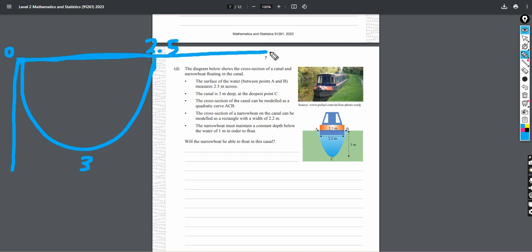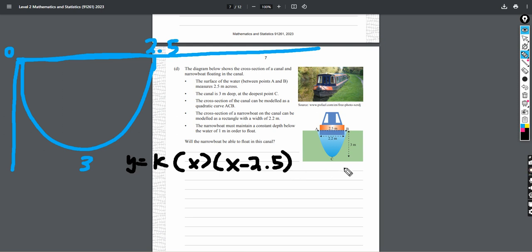Here's the coordinate system. Hence, our parabola can be written as y is equal to a constant times x minus 2.5.